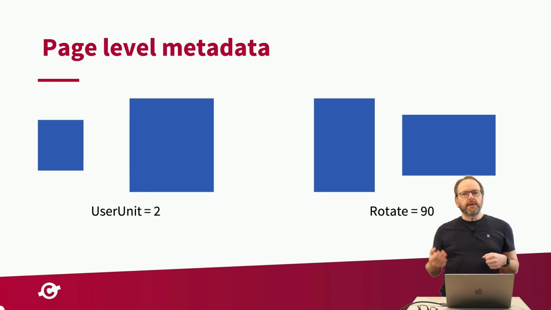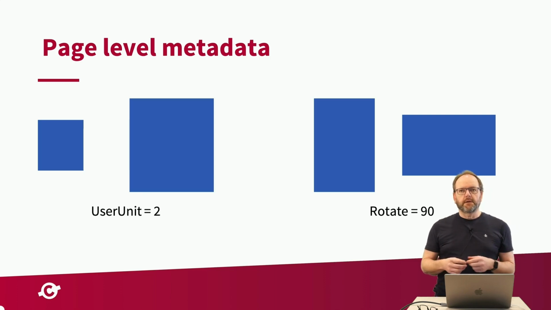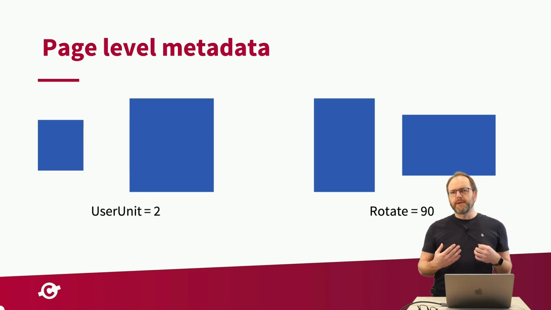There is another key that you can specify in a page dictionary, and that is a rotate key. And that is not specific to PDF, perhaps. A JPEG, for example, has the same feature. What it allows you to do is say rotate, for example, 90 or 180 or 270.